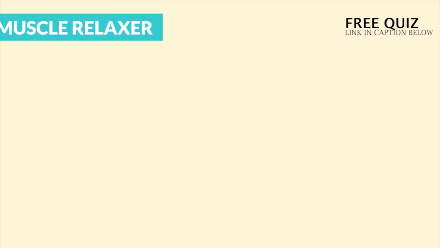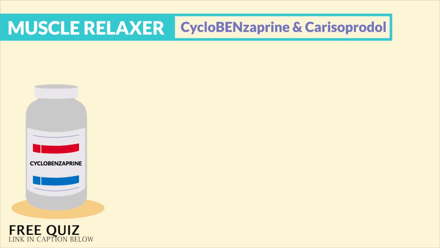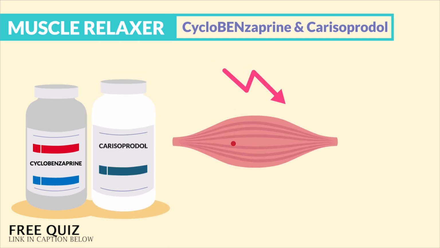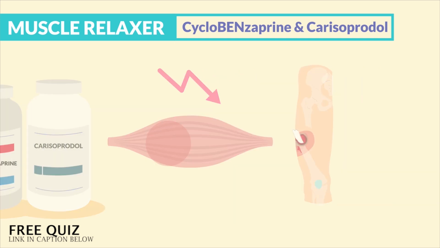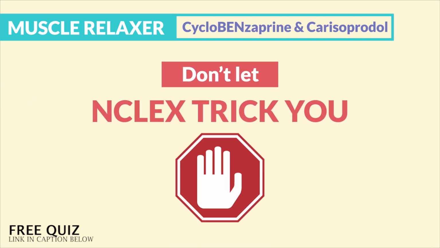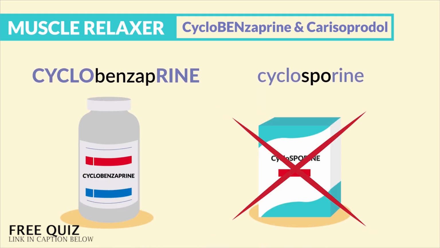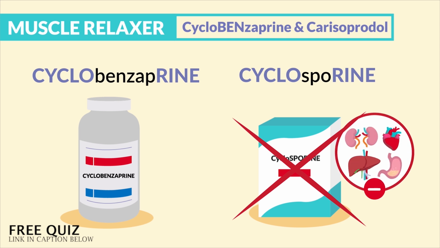Now, next up is the muscle relaxer Cyclobenzaprine and Carisoprodol, given to reduce muscle spasticity or muscle spasms after surgeries or open fractures. Now, caution, don't let the NCLEX trick you with sound-alike drug names. Cyclobenzaprine is not cyclosporine, which spares organs from rejection.